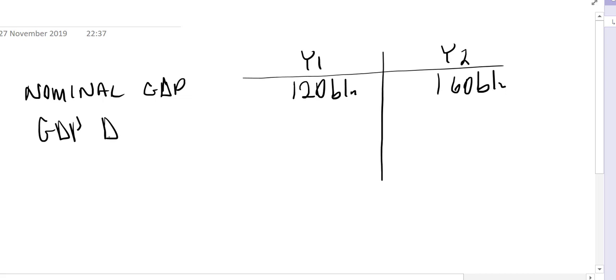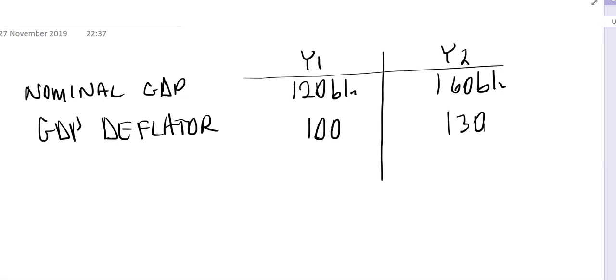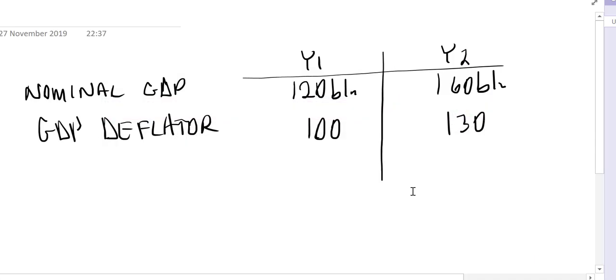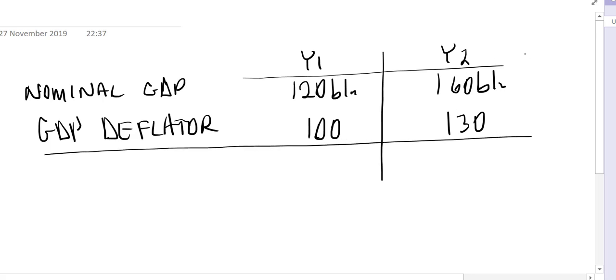GDP deflator: base year 100, and then we have 130. What else is given? By how much has the real GDP grown? Now, nominal GDP, as you can see, has grown by a huge amount here. This is in billions.